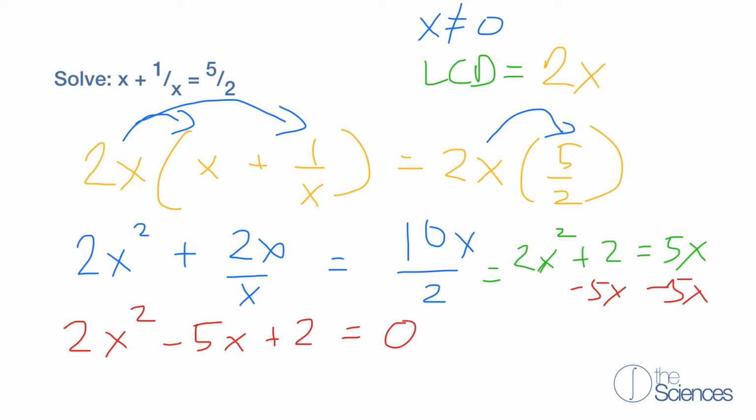So now we're going to factor this out. So here we have our parentheses. We have x squared, so we have x in our first term. And we have a 2. So now we need to find multiples of 2 that when added up equal -5. So because we have a negative here, it means we have to have 2 negatives.